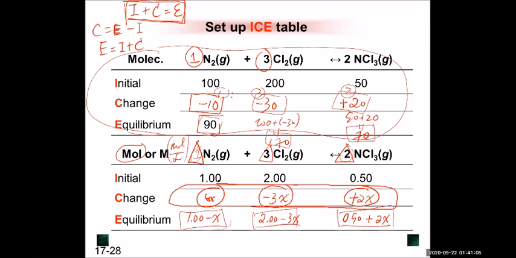Regardless of the sign of the x, which we solve later, for the reactant we always use negative, because in the reaction the reactants are supposed to diminish, and meanwhile the product should increase.